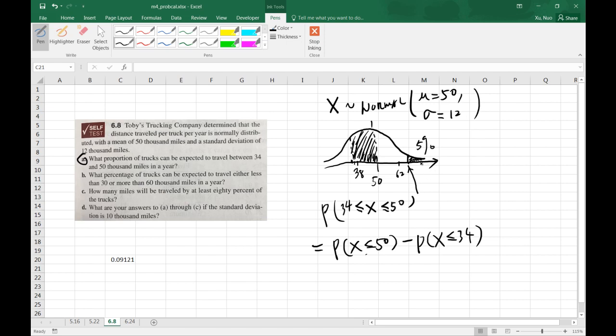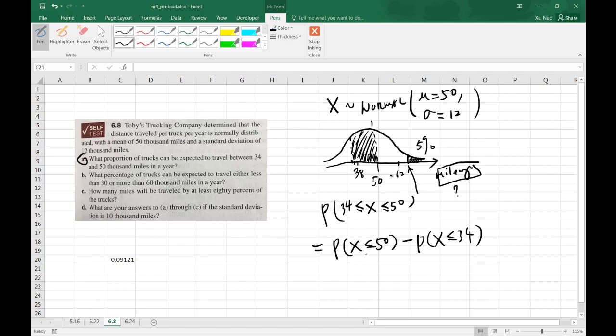So the interpretation of that mileage will be what? I want to find out the mileage corresponding to 5% probability to its right. So that tells me only 5% of trucks traveled at a mileage that exceeds that particular mileage that I don't know yet. So this tells you that we need to use the inverse cumulative probability.